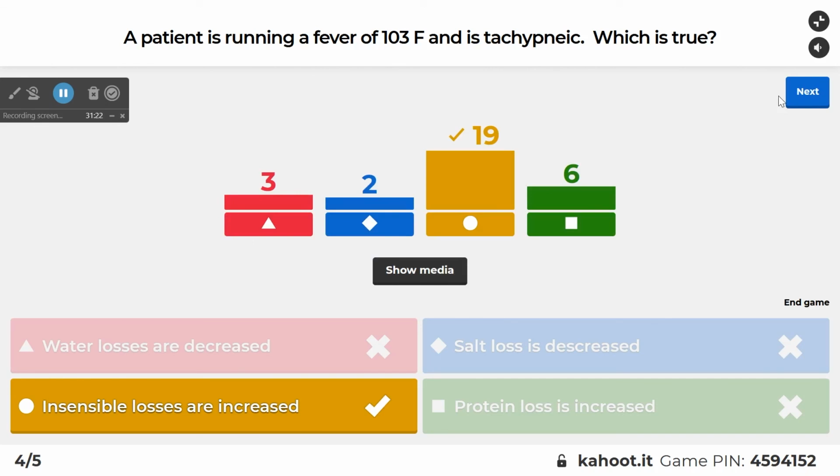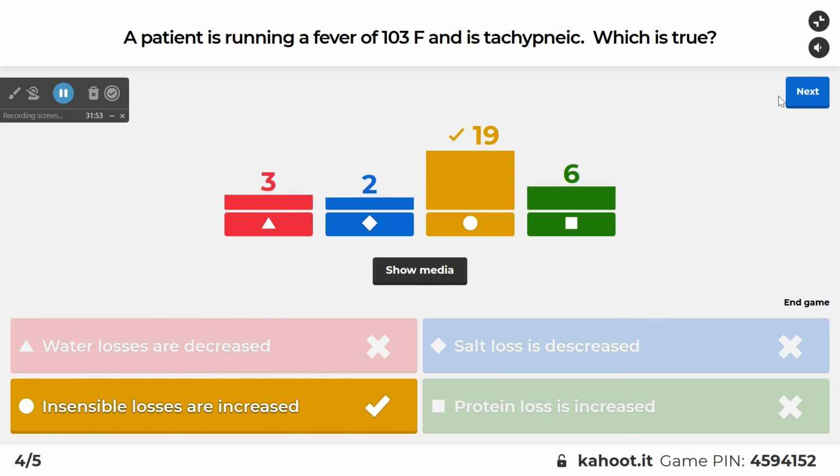Insensible losses are increased. Why? Fever, having a higher temperature, does a number of things. Number one, it causes vasodilation to the skin, so your losses from the skin increase. Another is it increases your metabolism, so you burn through water faster, all right? Tachypnea increases your water losses because every breath you take, you lose some water. If you take more breaths, you lose more water.